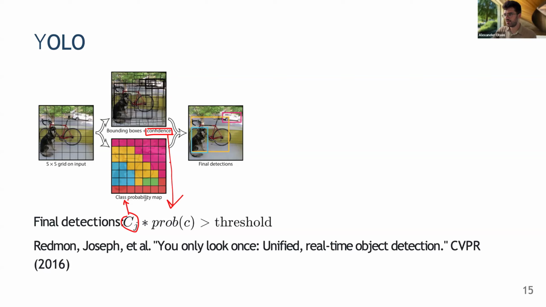And so when we combine this probability with this confidence, we essentially get a combined value of how likely it is that there is a thing, and a thing that we're able to identify, in this part of the image. And so that ends up, in this case, with our three bounding boxes that are the car, the bicycle, and the dog.